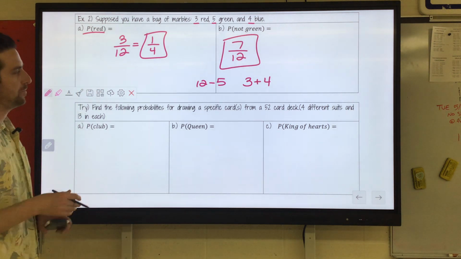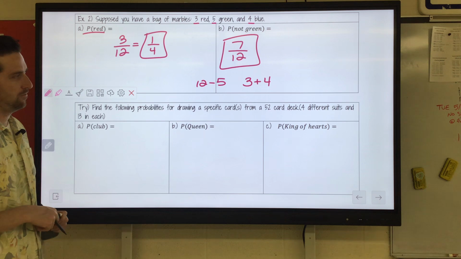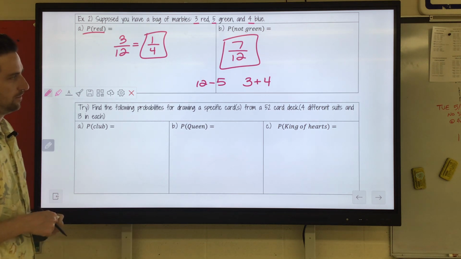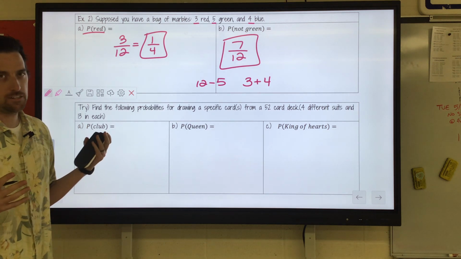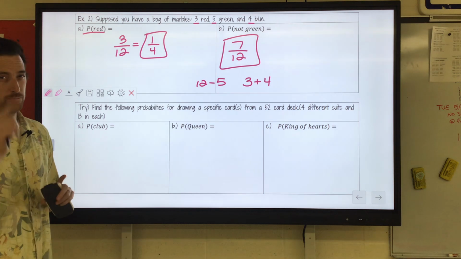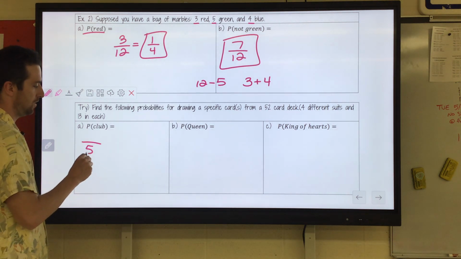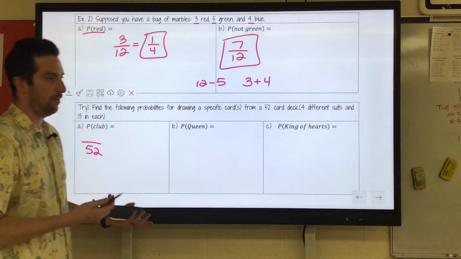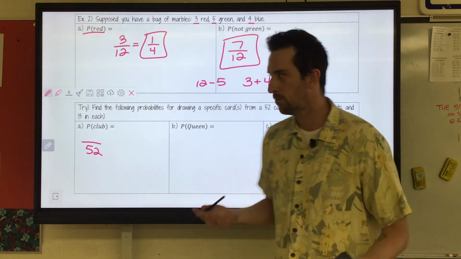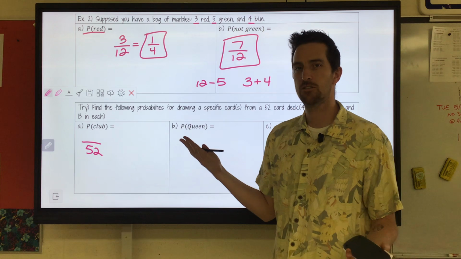Find the following probabilities for drawing a specific card from a 52-card deck. There's 4 different suits, 13 in each suit. If you didn't know that, you should play more cards. So of the 52, we want to know what's the probability we're going to get a club. Well, there's 13 in each suit, right?